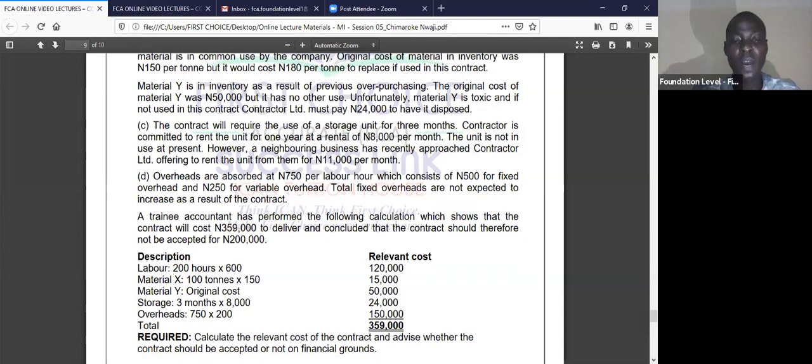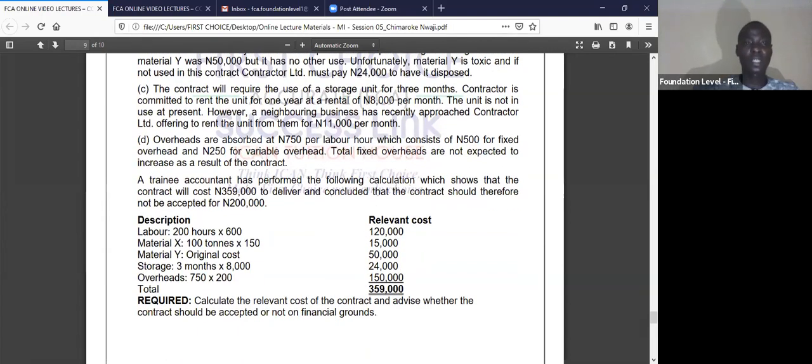We are now required to calculate the relevant cost of the contract and advise whether the contract should be accepted or not on financial grounds. We are not told to look at non-financials, just on financial grounds. So, we look at this computation again.